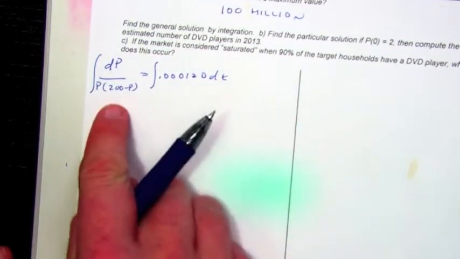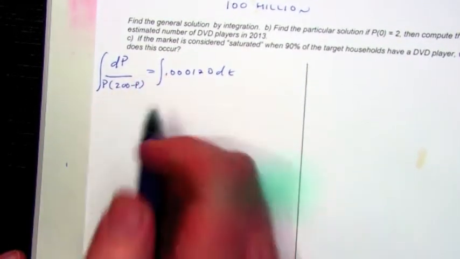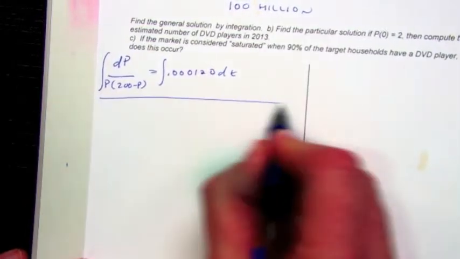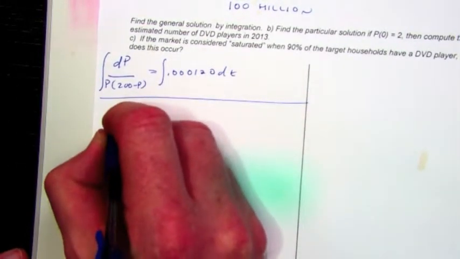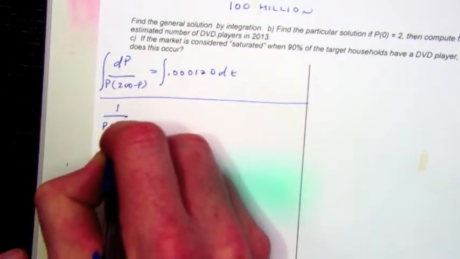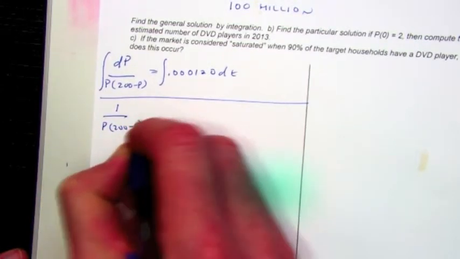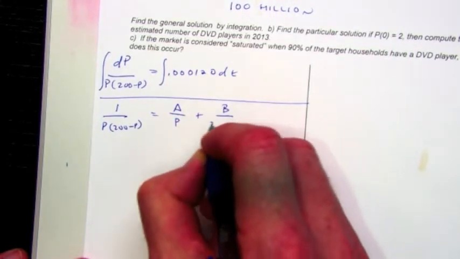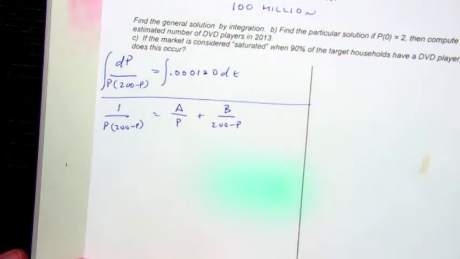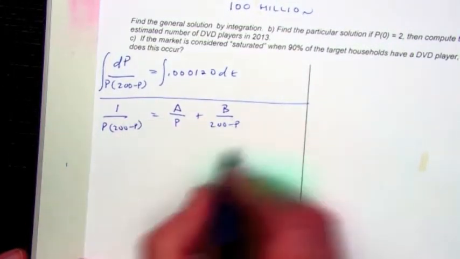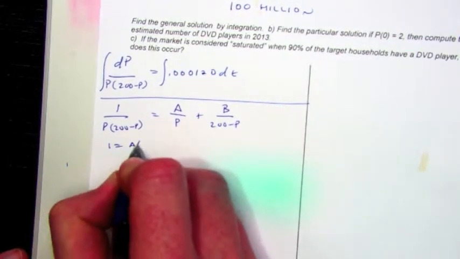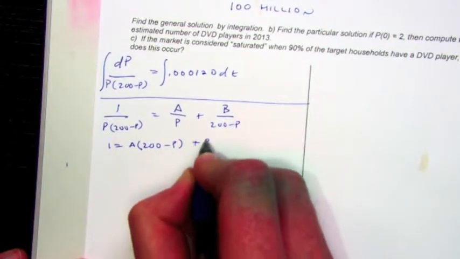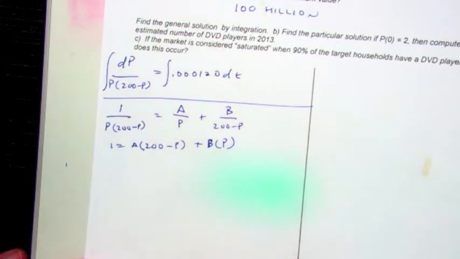Now we're going to do our side work because we have to use partial fractions here. So this becomes 1 over P times 200 minus P is equal to A over P plus B over 200 minus P. Okay? So when I cross multiply, I get 1 is equal to A times 200 minus P plus B times P. Okay?